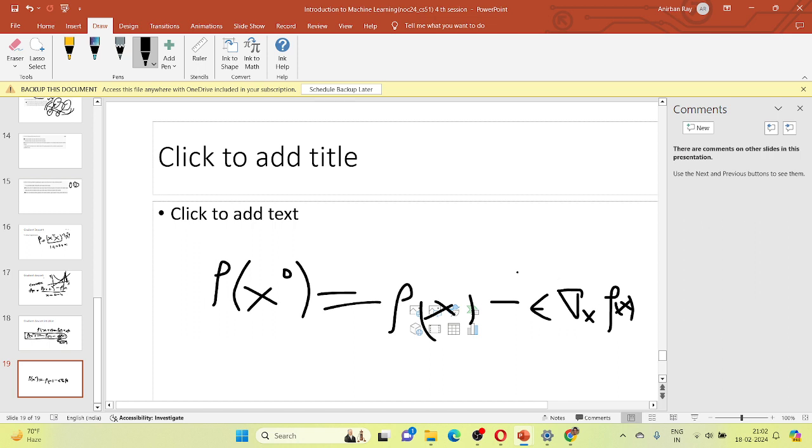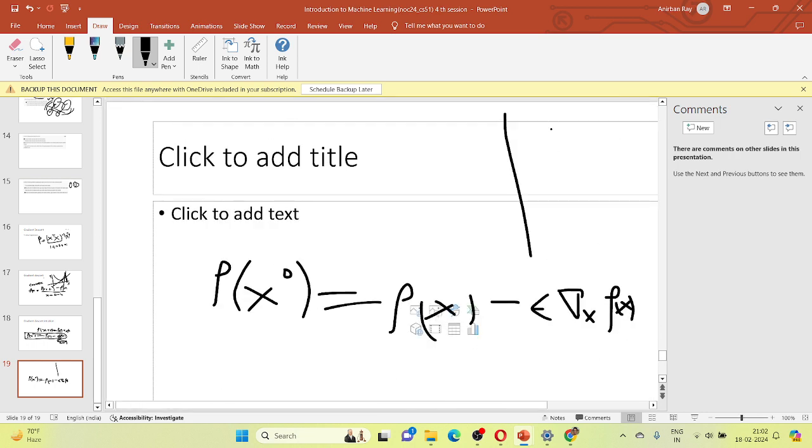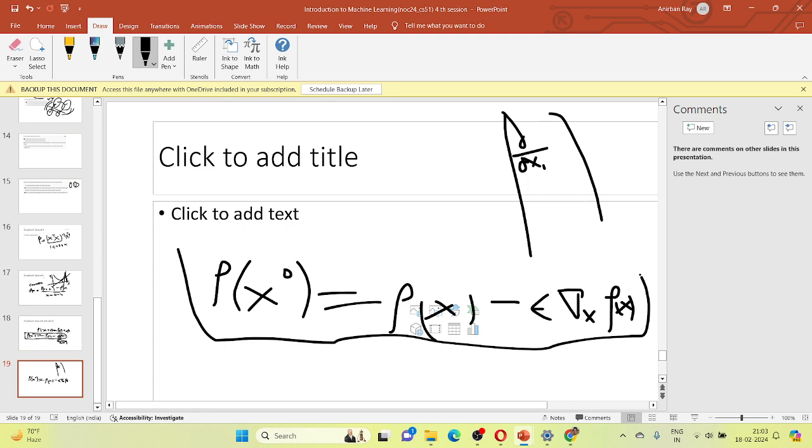So what I am writing is that this is f(x) I have, and the gradient of f is the derivative in every dimension: del by del x1, then del by del x2, del by del x3, x4, like a vector. So this is the gradient descent algorithm in multiple dimensions.